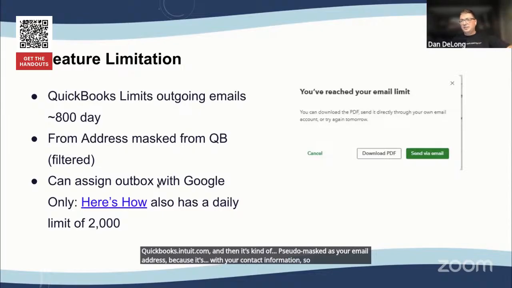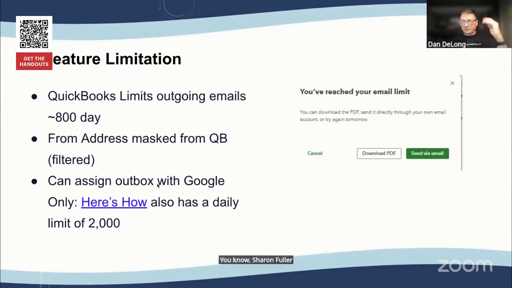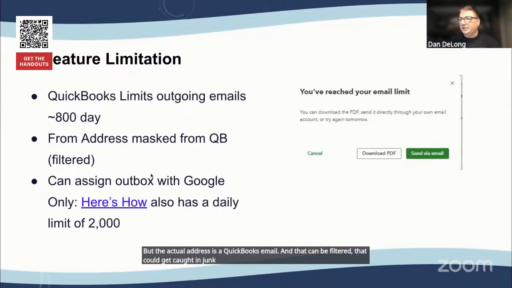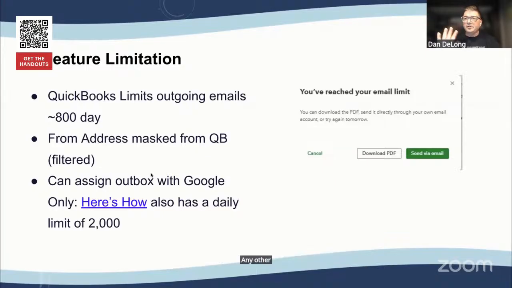So it'll say, Sharon Fuller sent you an invoice or a payment request, but the actual address is a QuickBooks email, and that can be filtered. That could get caught in junk or spam or any other ways of being intercepted before it actually shows up in someone's inbox.